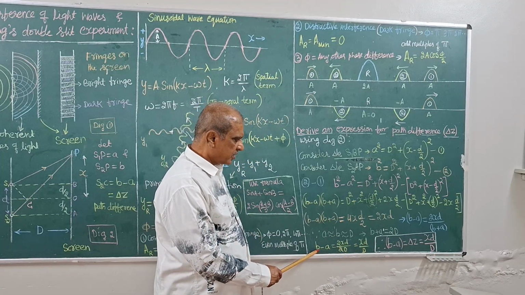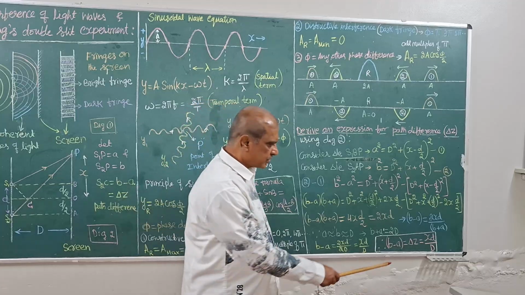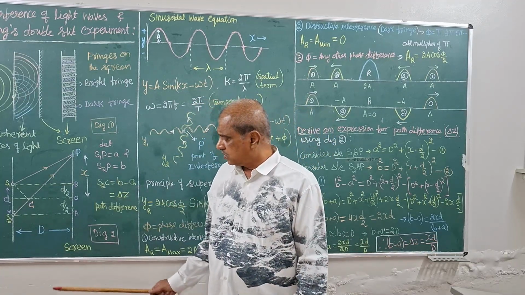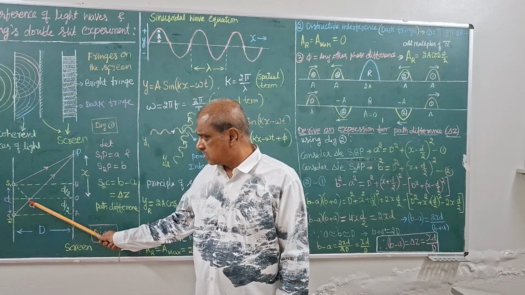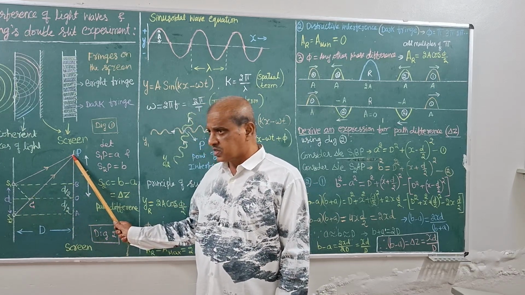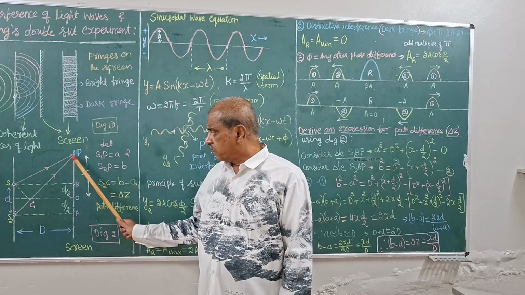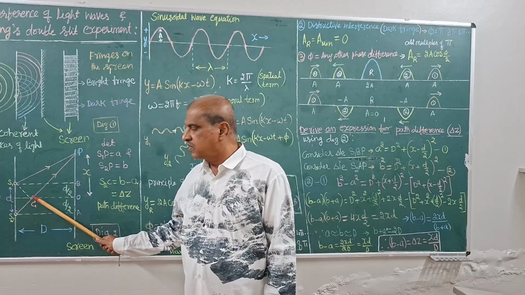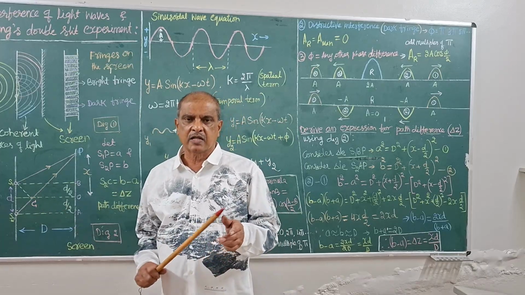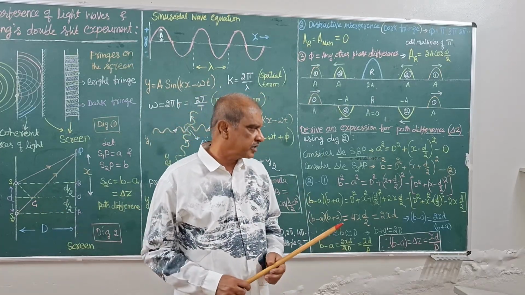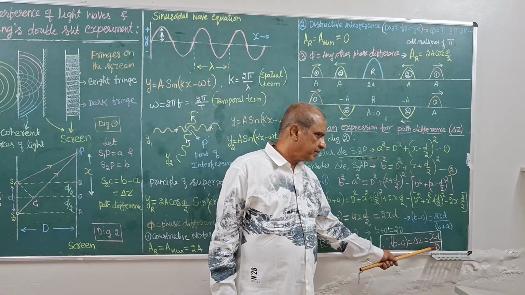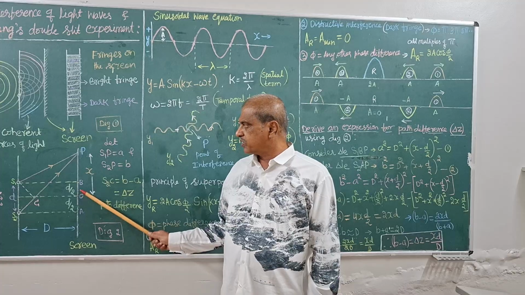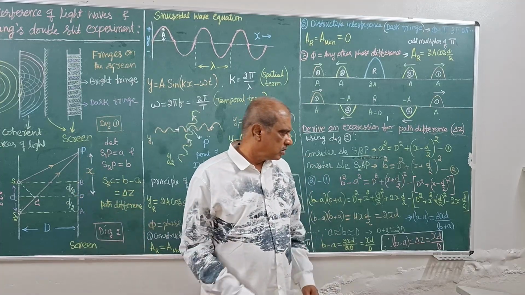That is b minus a, called the path difference. We get xd by D. So the path difference, I will tell you in this class, how do we get bright? What is the condition for formation of bright fringe and dark fringe using path difference? This path difference is given by the mathematical function xd by D. What is x? The distance of the fringe from O. And what is d?